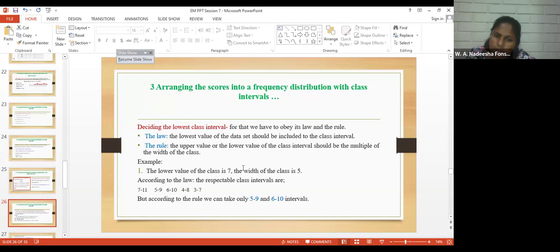That is the width of the class. Then the lower value is 7, so you have to start from 7. So the class intervals are 7 to 11, then 6 to 10, 5 to 9, 4 to 8, 3 to 7.